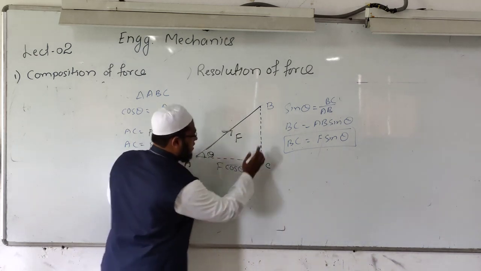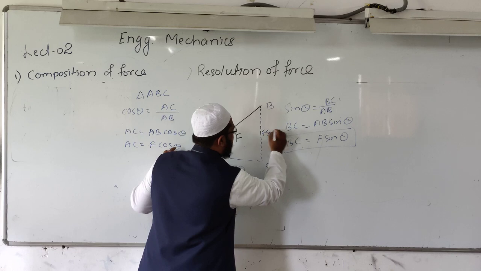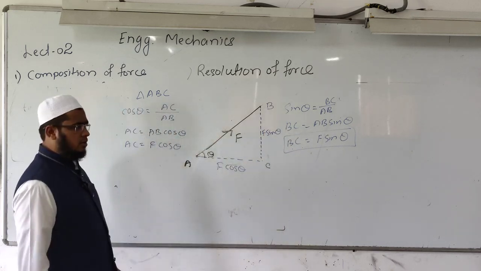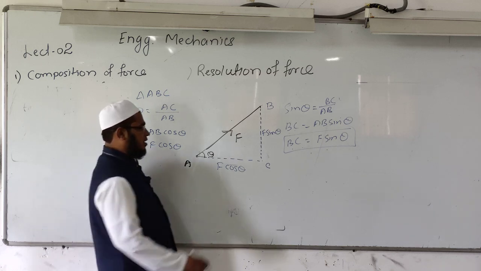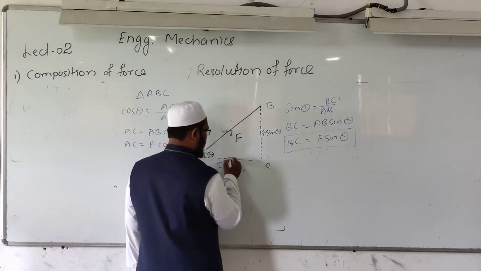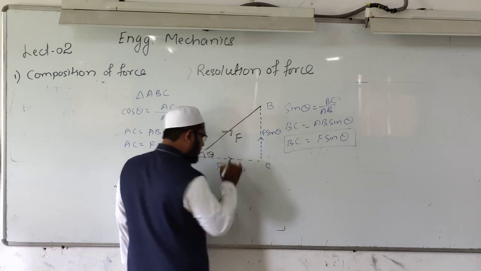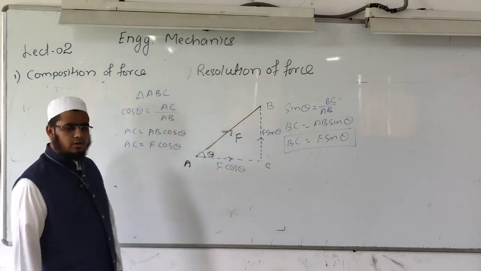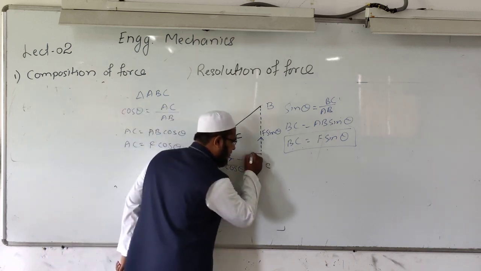AC is F cos theta and BC is F sin theta. These are the two components acting rightward and upward, making an angle of 90 degrees.